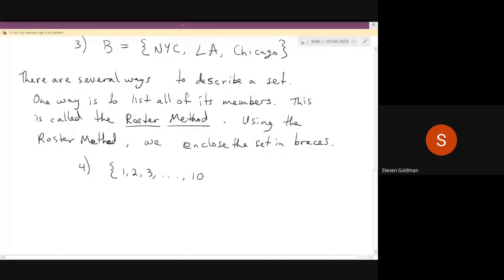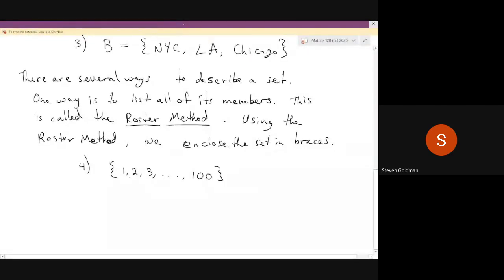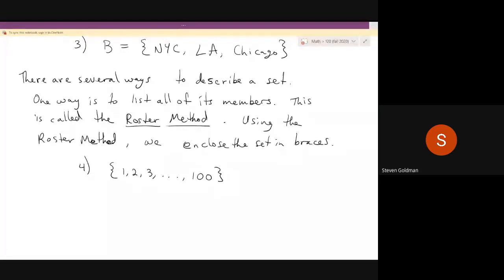And then at the end, I write the last one. All right, so these are the numbers 1, 2, 3, and these 3 dots mean et cetera, until the number 100. Okay, so that would be the integers from 1 to 100. So all the examples I've given so far are ways of describing a set using the roster method.